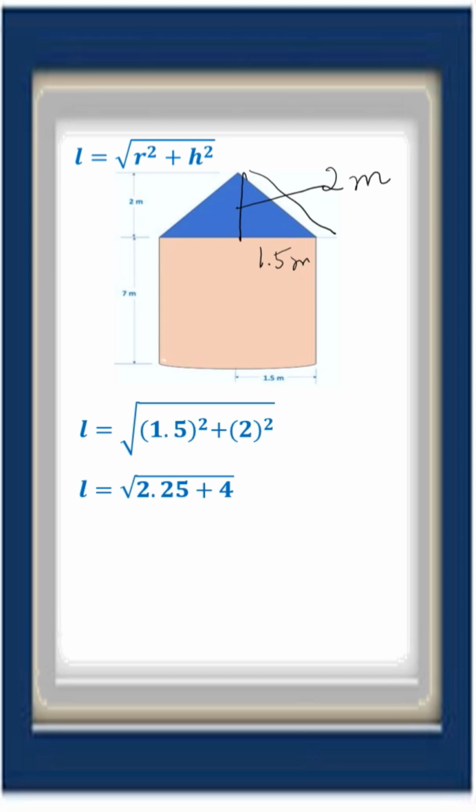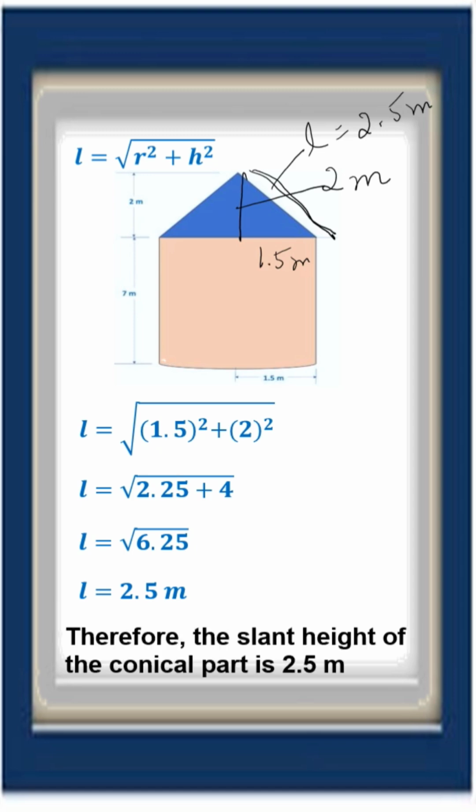So L is equal to square root of 2.25 plus 4, which is equal to square root of 6.25. So L is equal to 2.5 meter. Therefore, slant height of the conical part is 2.5 meter.